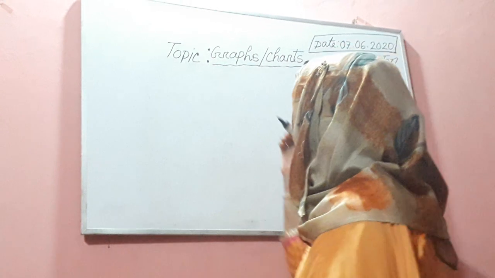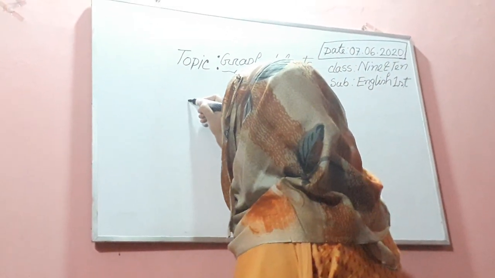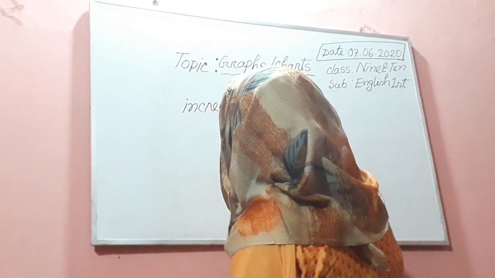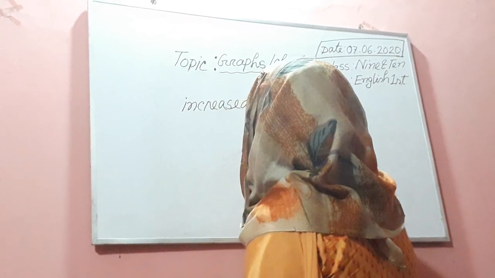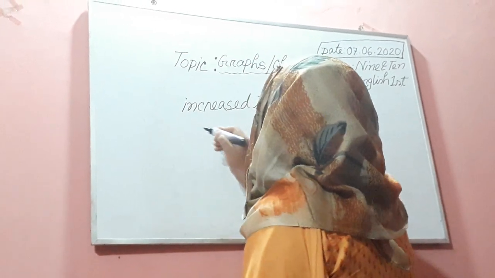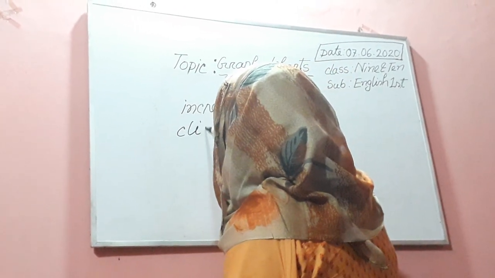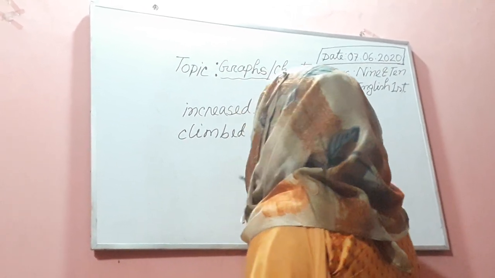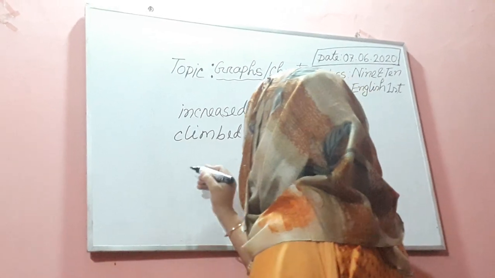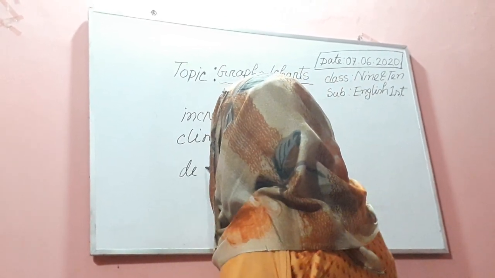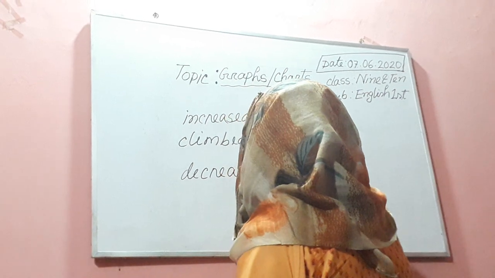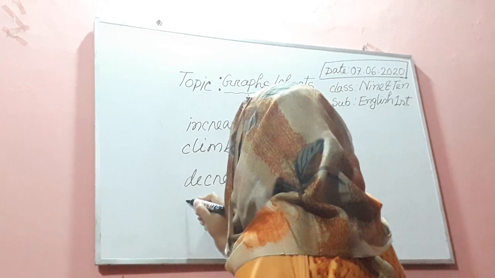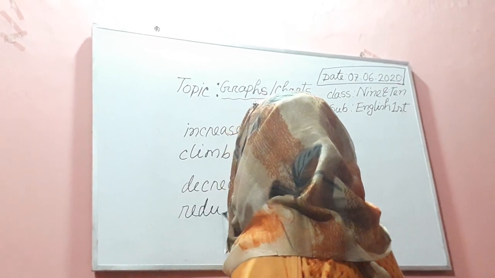For upward chart, you can use the words increased to and climb to. For downward chart, you can use the words decreased to and reduced to.